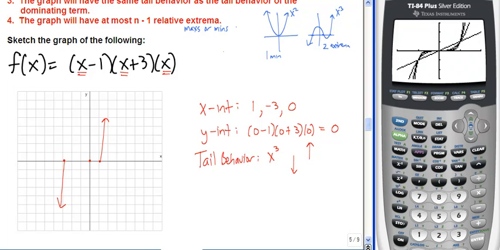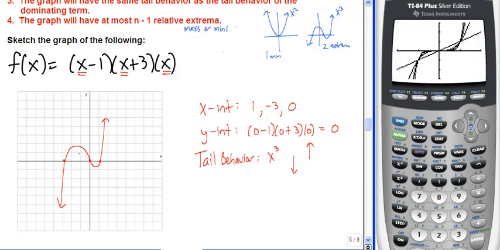And now all we need to do is sort of connect the dots. So remember that this is a cubic, so you should kind of have an idea of what a cubic graph looks like, and I sort of drew one over here as well. And you can just imagine that this is going to go up for a little ways, but then it's going to have to come back down again so that I hit this origin. And then this might go down for a little ways, but I'm going to have to turn back up again so that I hit my other x-intercept.